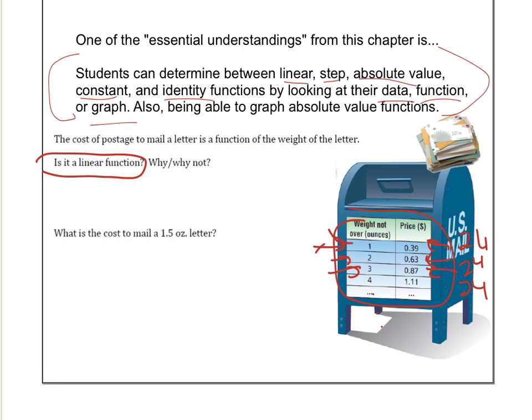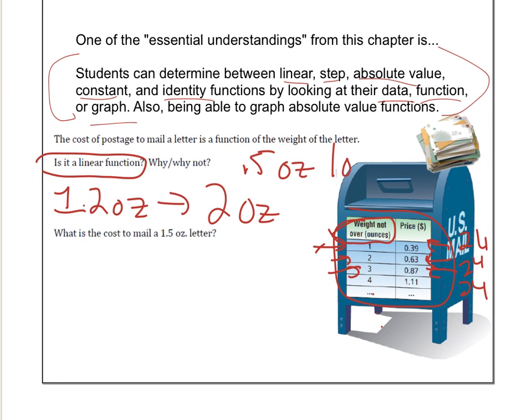But look what it says, weight not over 1 ounce. Okay, weight not over. So that means that if you've got a 1.2 ounce letter, you're going to be charged for 2 ounces. If you've got a 0.5 ounce letter, you're going to be charged for 1 ounce. Same if you have 0.7, you're going to be charged for 1 ounce.